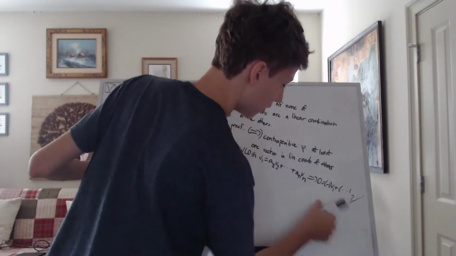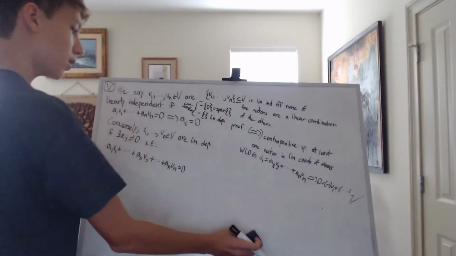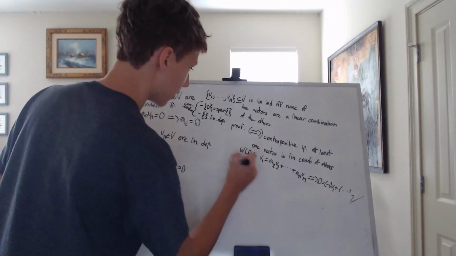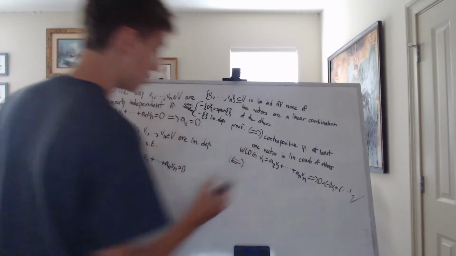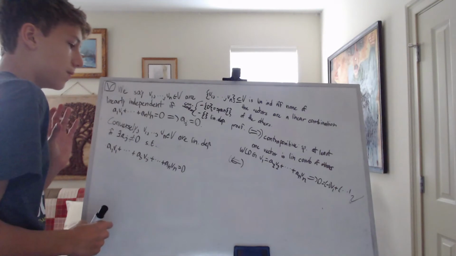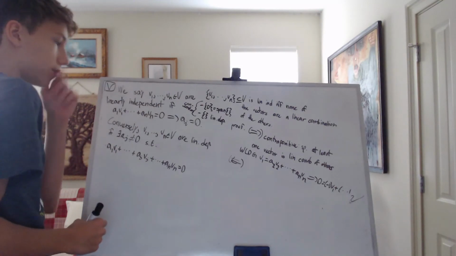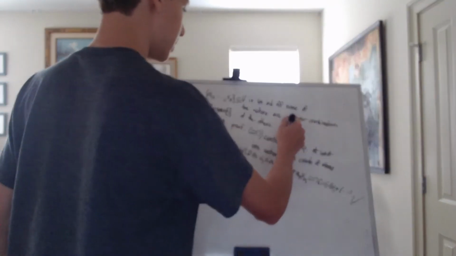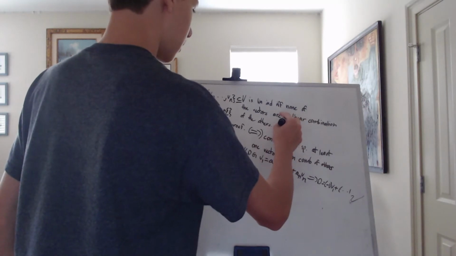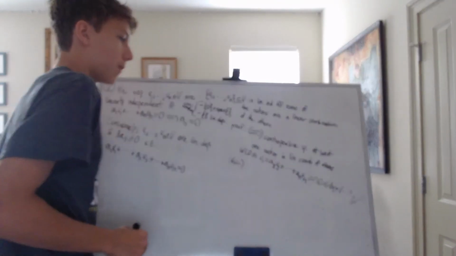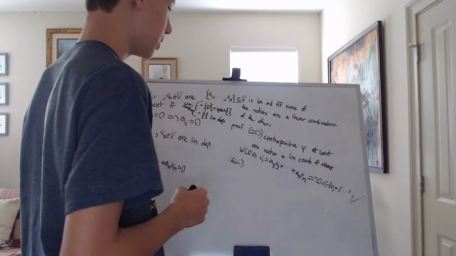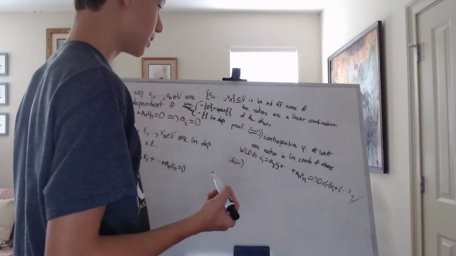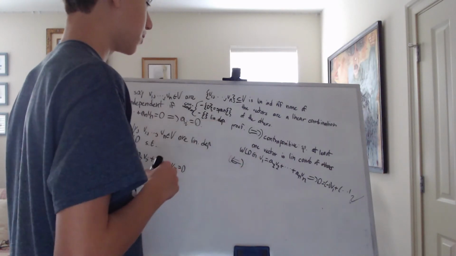Okay. Next direction, the other direction. Hopefully we don't run out of ink here. So for this direction, we suppose that none of the vectors are linear combinations of the others. Then we want to show that it's linearly independent.